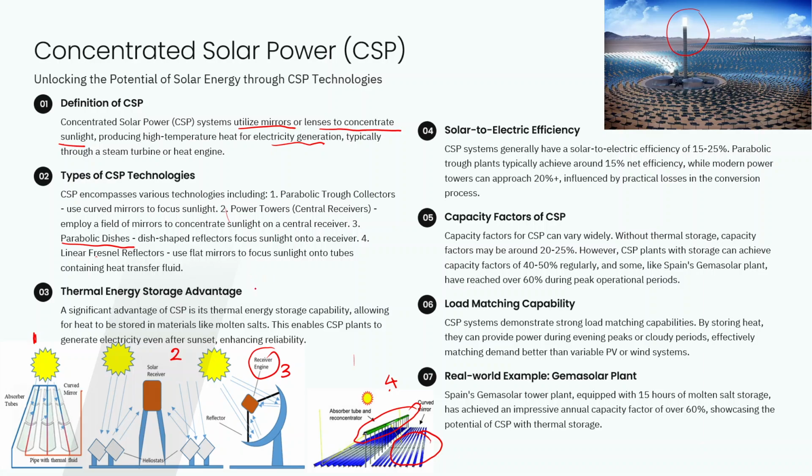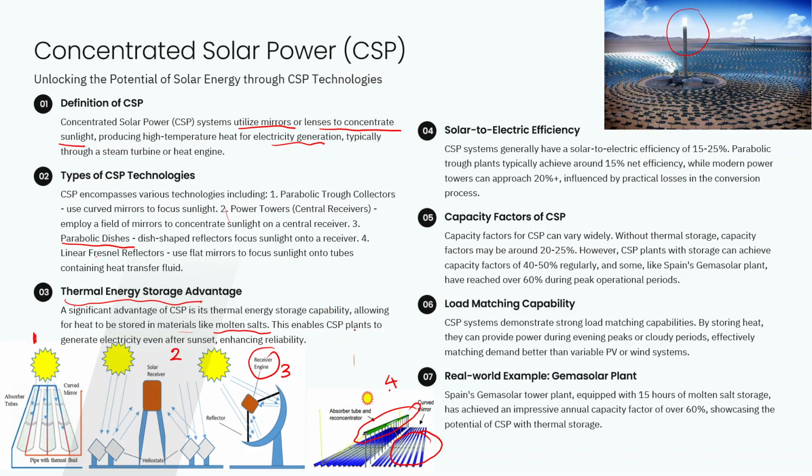One advantage of the thermal concentrated solar power system is the ability to store the thermal energy, right? So you store the heat in a material like molten salts, and you can later use it to produce the steam.